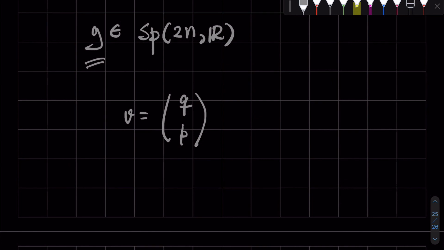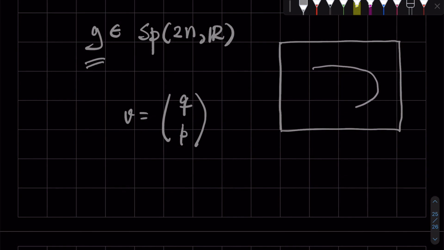For example, the simple harmonic oscillator would be an example of such a system. Of course, we know that for the simple harmonic oscillator, the integral curves are closed curves, because it's a periodic system.